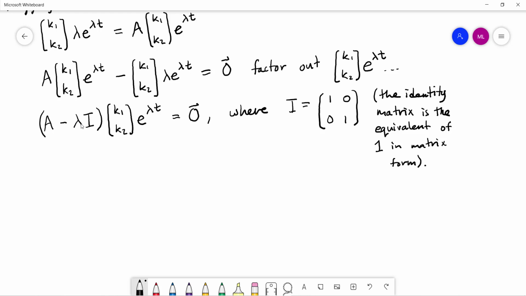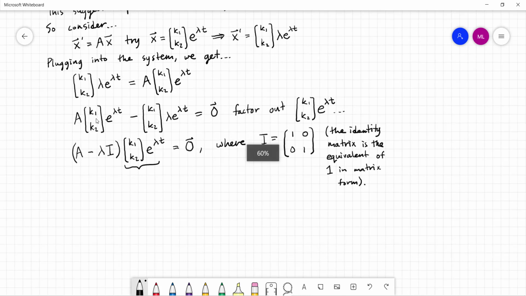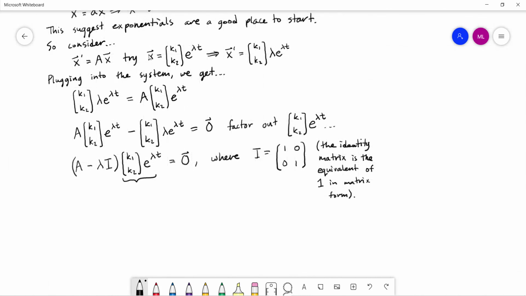They have to be the same shape. And to make this term be the same shape as this one, but still have the effect of subtracting this constant, I multiply that constant times the identity matrix, times the matrix version of the number 1. And so that is sort of the little trick that we're using here. This term here, you'll notice, is exactly how we defined x originally.